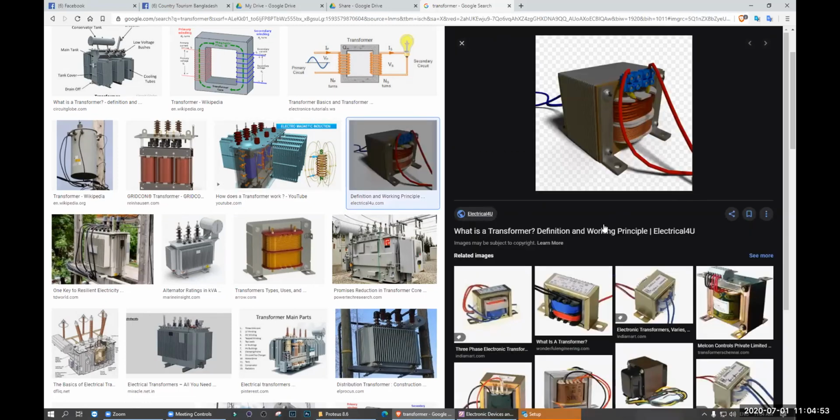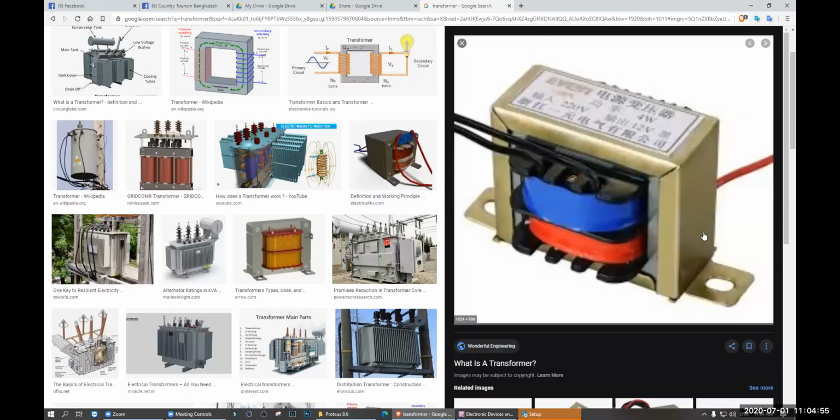You can see these in your lab. What they do is transform the power from the input side to the output side without wasting any power. That means power will remain the same. Whatever the input power is, your output power will remain 100% the same. Your power will be transformed, but it will change the voltage. It will either decrease the voltage or increase the voltage.